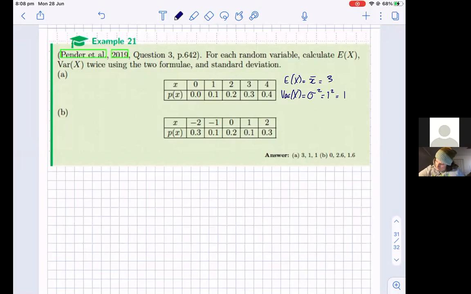I got an X bar of 0. Standard deviation for this one is 1.6, which means the variance is that squared, which is 2.6.